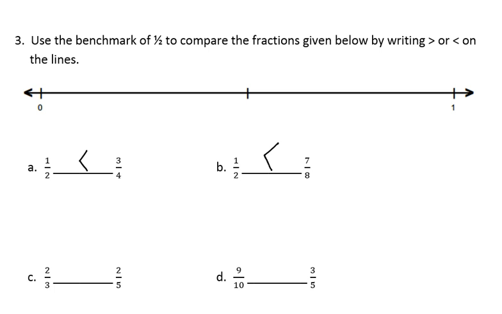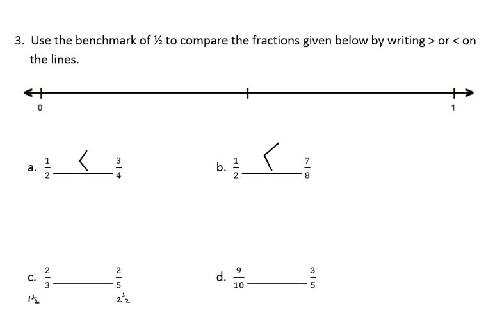The next question has me comparing 2/3 to 2/5. Now, working with thirds is a little bit harder when we're thinking about halves, but I do know that half of 3 would be 1.5. Half of 5 would be 2.5.